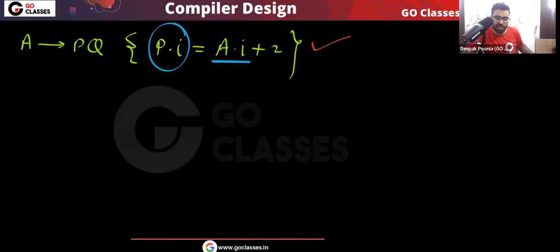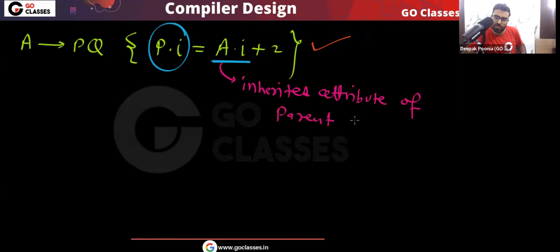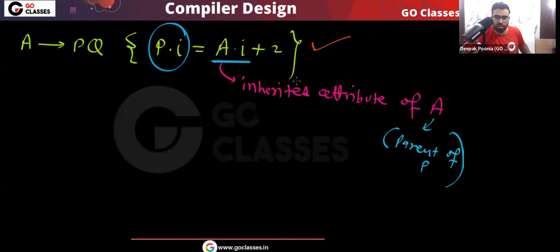I can say this because this inherited attribute is depending on the inherited attribute of A, and this A is basically the parent of P. So this rule is allowed in L attributed SDD.